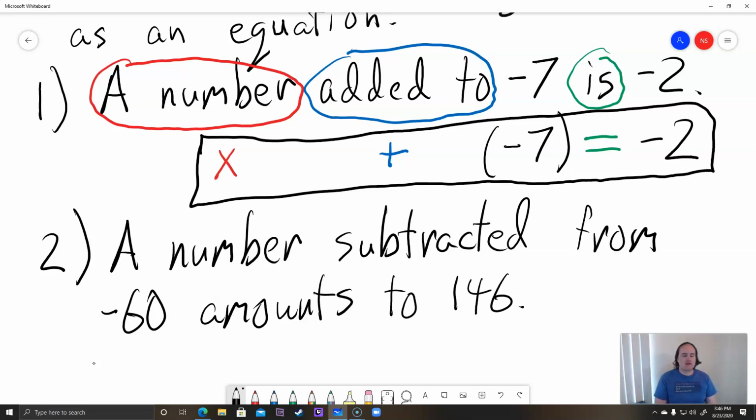A number subtracted from -60 amounts to 146.